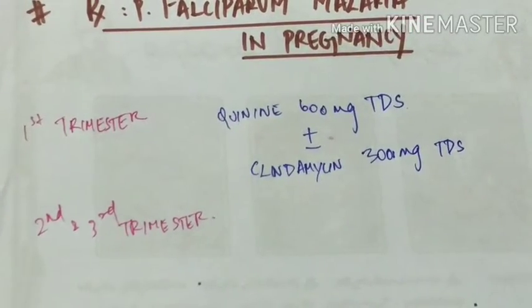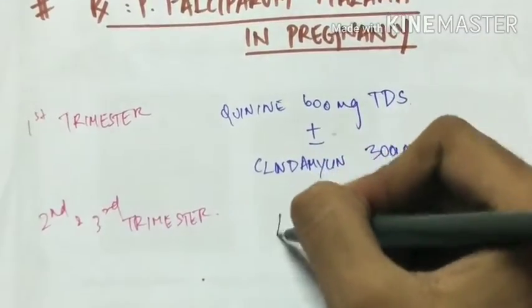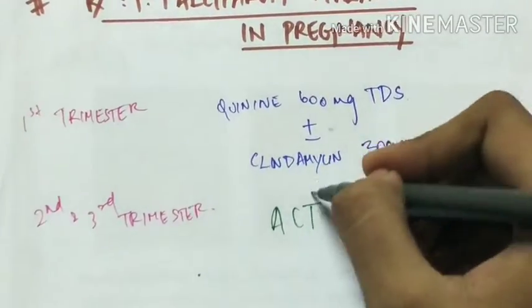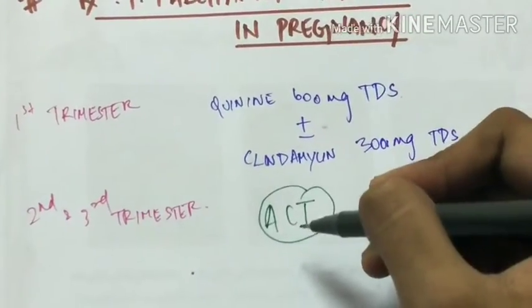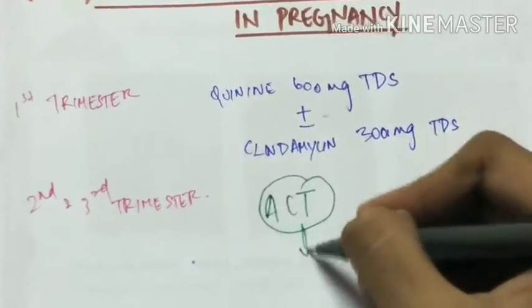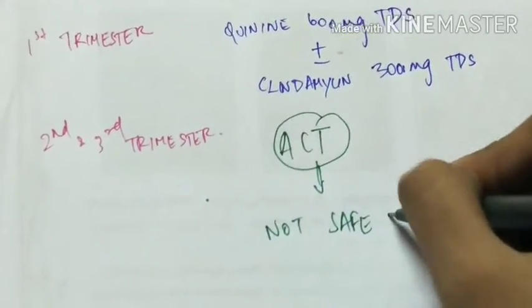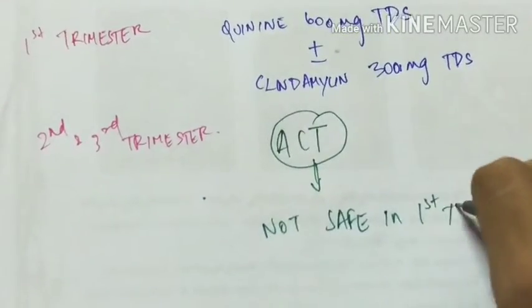In the second and third trimester, the treatment is ACT, artemisinin combination therapy. But this is not safe in the first trimester.